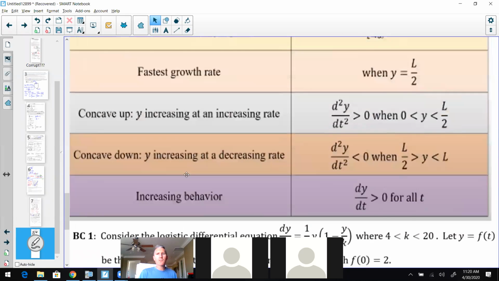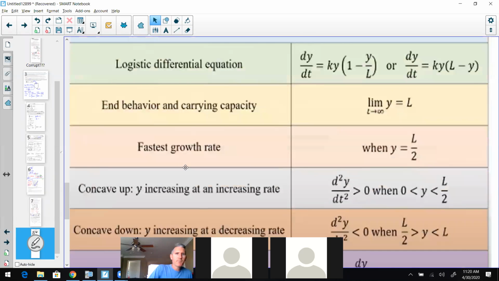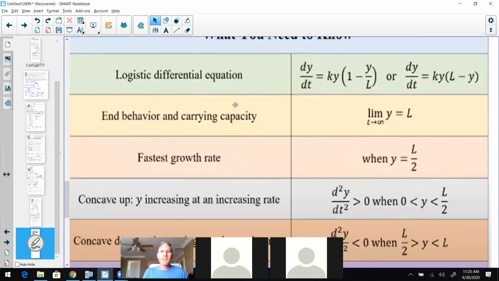Remember with logistic growth, this is the form that we talked about. So they use L. I forget what he had for the carrying capacity. And he has dy dt right here.